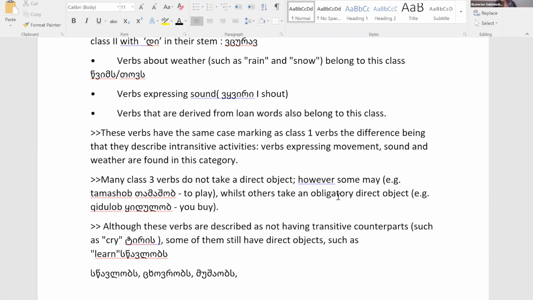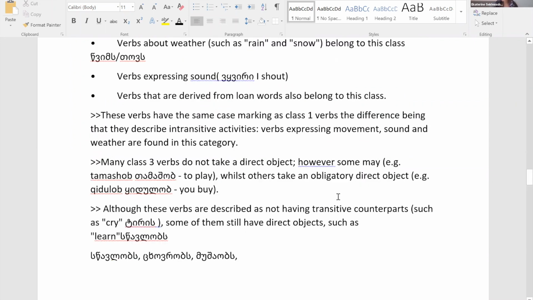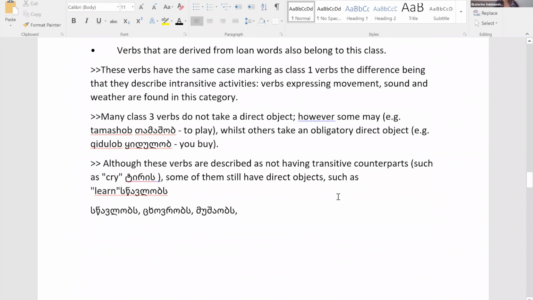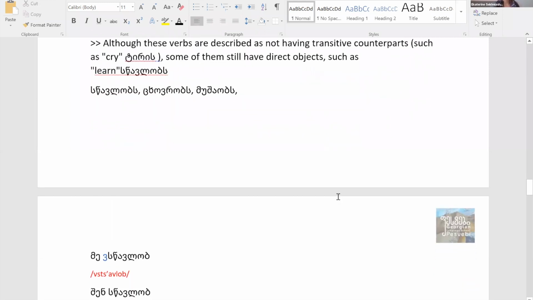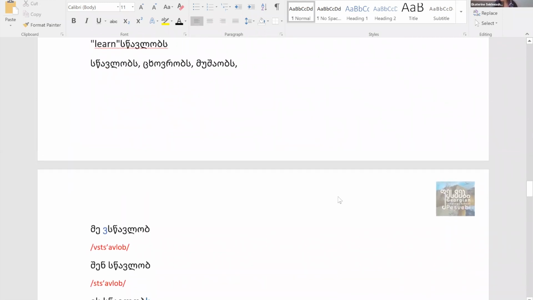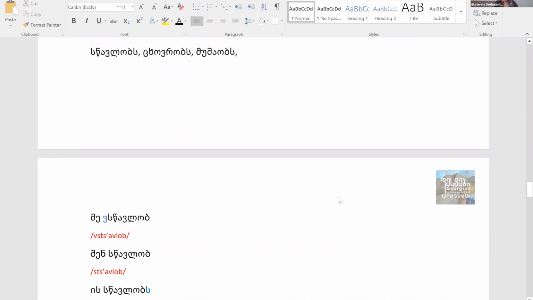Take the verb "I study" in English. An English speaker would never think of this verb as passive, but in Georgian it takes passive signs, for example the passive marker E at the beginning. In the past and in the future, where we don't have the preverb, these verbs take E at the beginning as a passive marker.